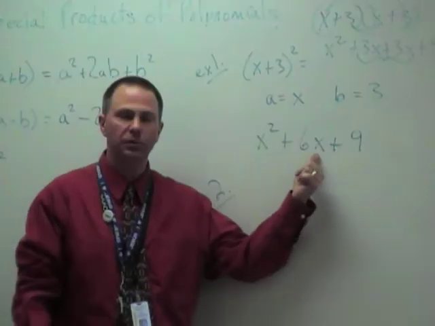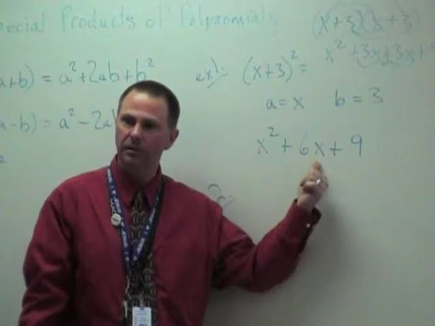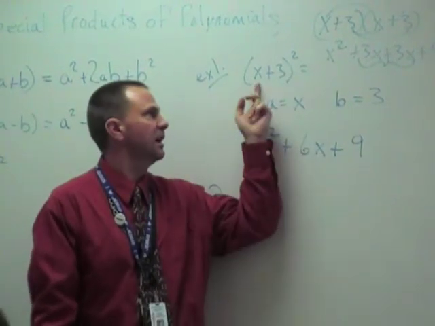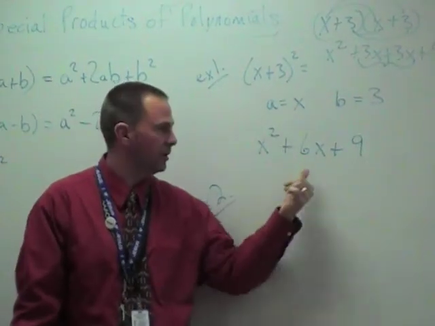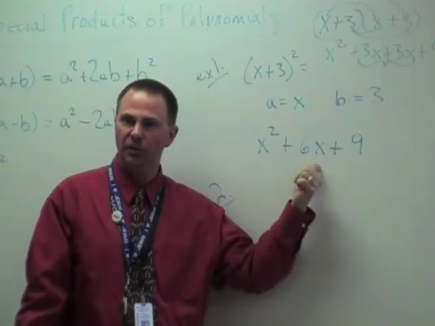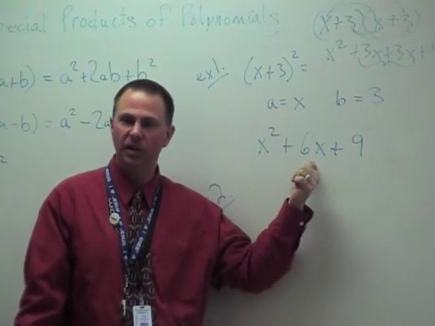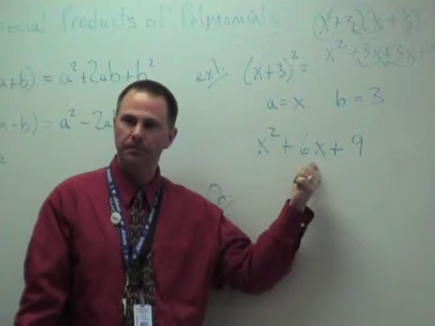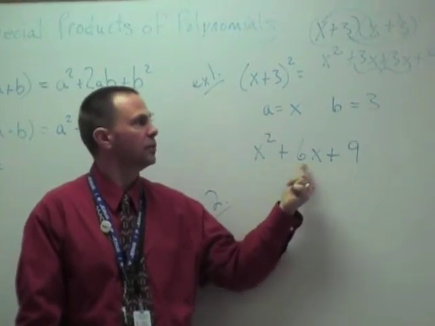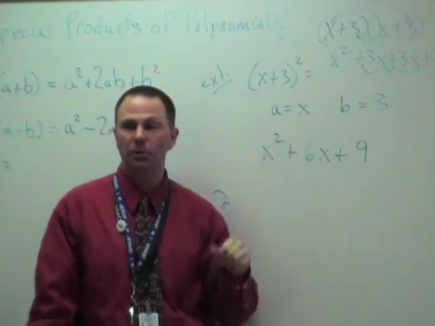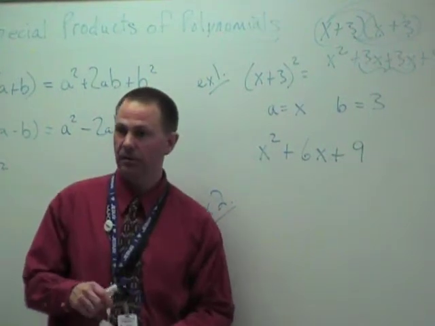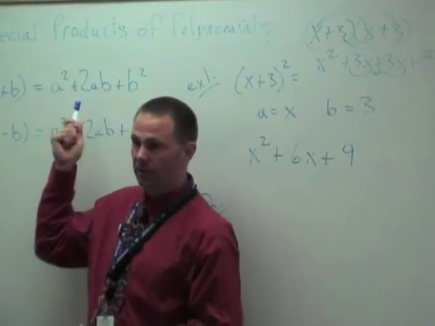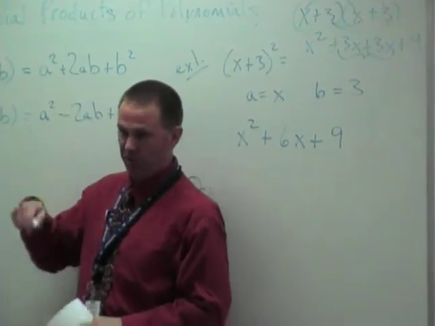Because you lose the 6x. If you say that's x squared plus 9, you've missed a third of your information. You can't do that. How do you figure out what the middle one is again? Twice the first and the second multiplied together. Okay. Look at the formula. These are positions. A and B are positions.